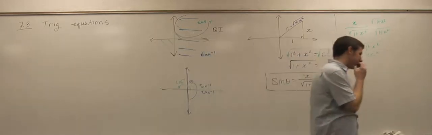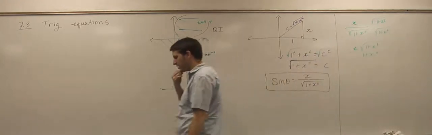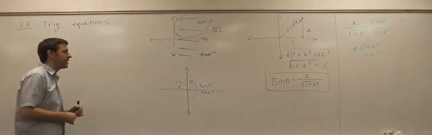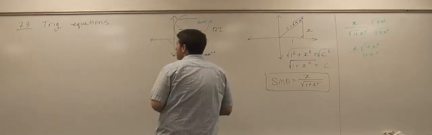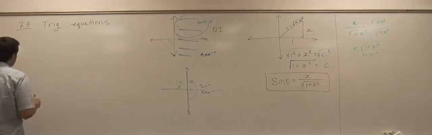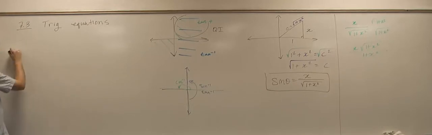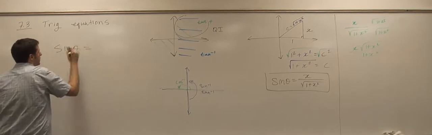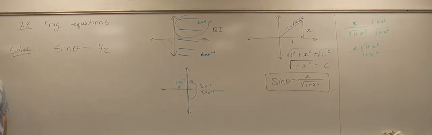What I want to do for trig equations, the way I like to present this is kind of break it down into the 4 basic types of trig equations that you're going to be expected to know how to solve. So a trig equation, what we want to be able to do is solve things like sine of theta equals 1/2, which is probably the most basic trig equation you can ever see in your life.